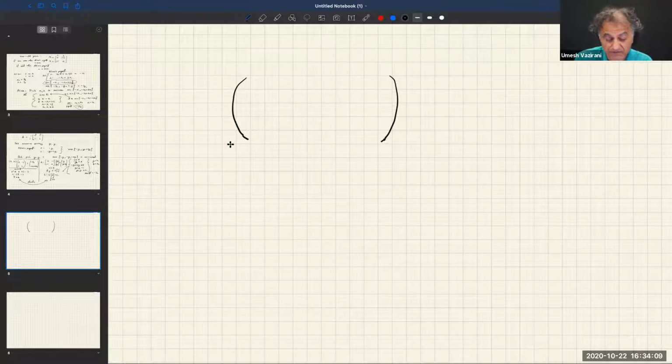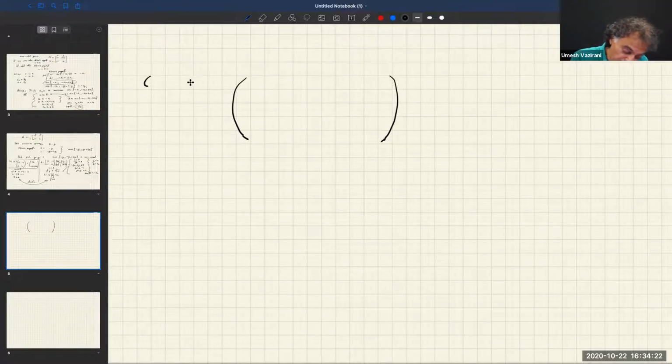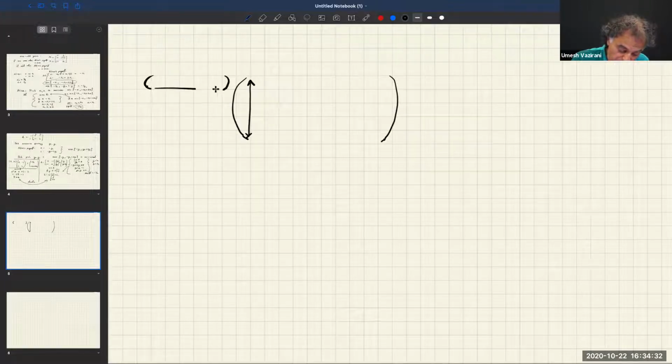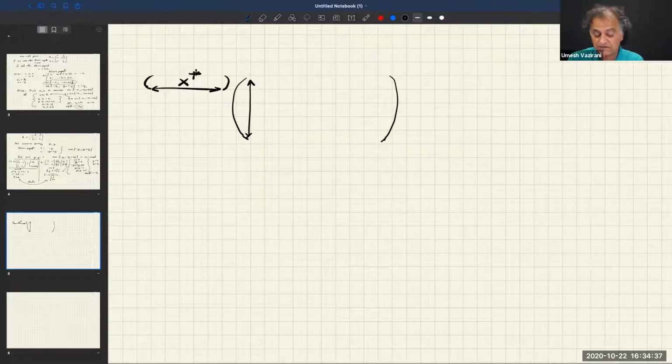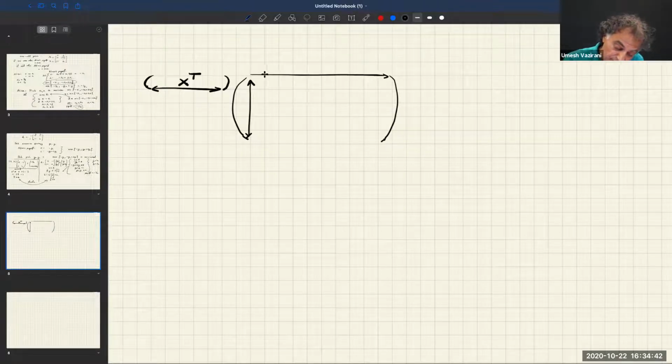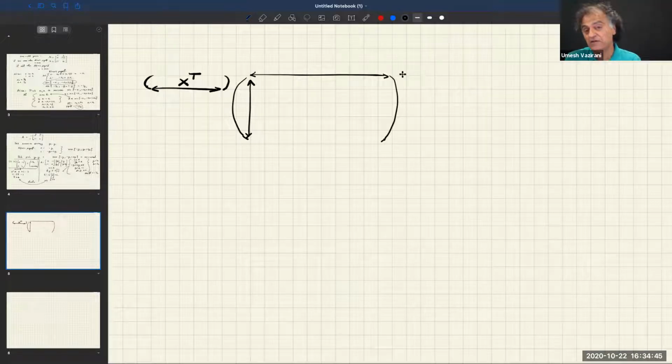Alice is going to pick one of the rows, right? So she's going to pick, let's say, one of these 4 or 5 rows of the matrix, and so her choice of X is going to be just as big as that. So this length should be equal to that one, right? And so you should put X transpose here. Whereas Bob is going to pick one of these columns here. Oh, sorry, one of these columns, and there are many of those.